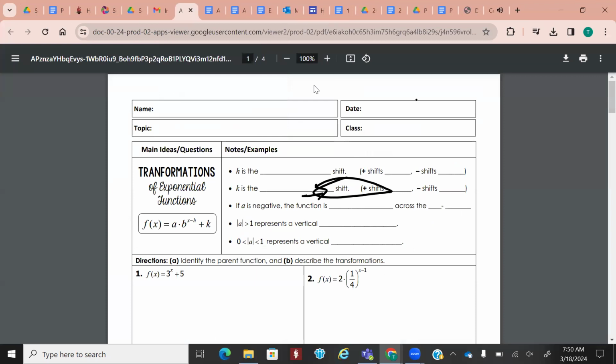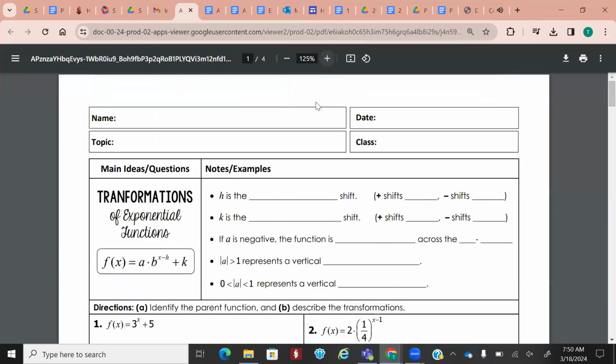There it is. Okay. So I'm a very visual person, and when we start talking about transformations, I've got to see them, and you got to tell me exactly what you mean. So on here, we've got this equation. All right, we talked about a times b raised to the x, but then we have this little h and k. So h is going to be the horizontal shift.